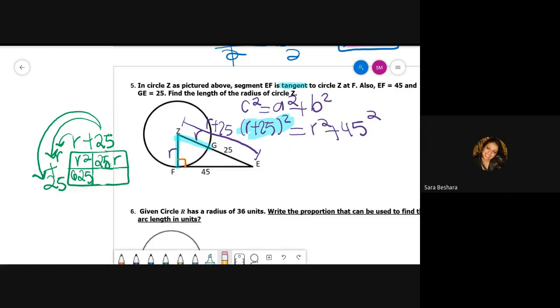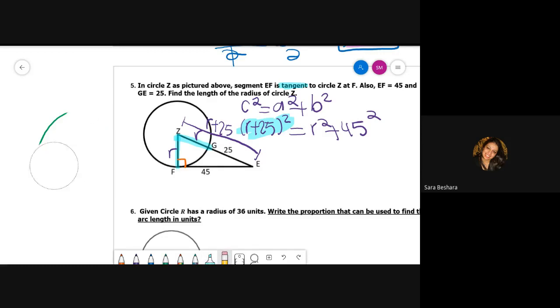Okay, so I'll show it to you again because I know that looks pretty messy.